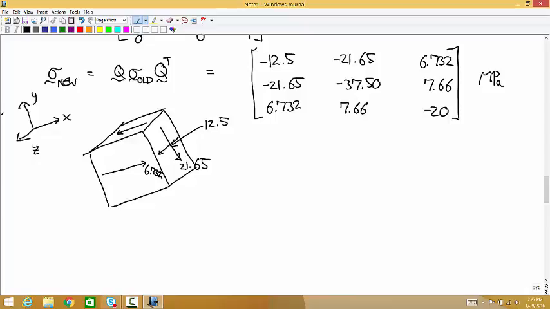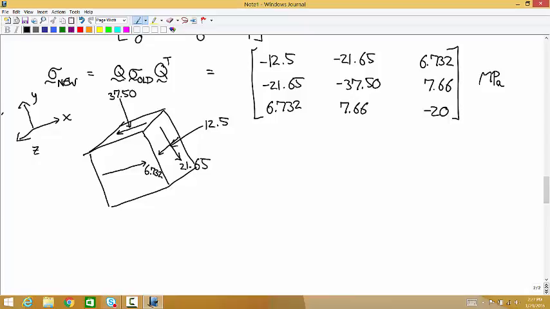Then on the y face, we already have the 21.65 drawn. We have a compressive stress of 37.5.